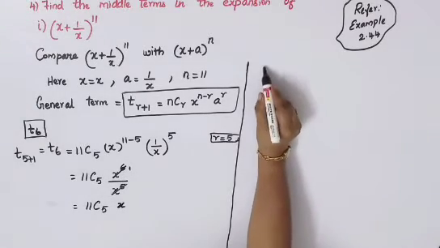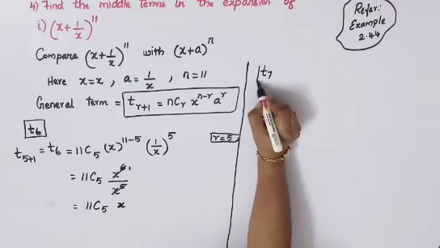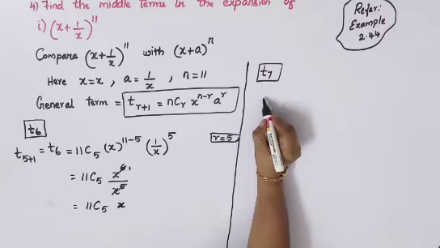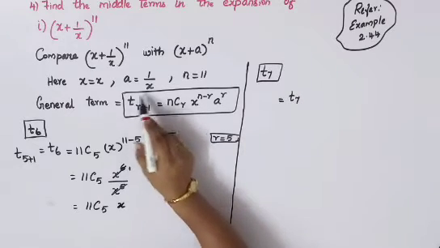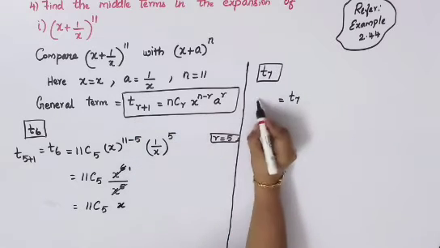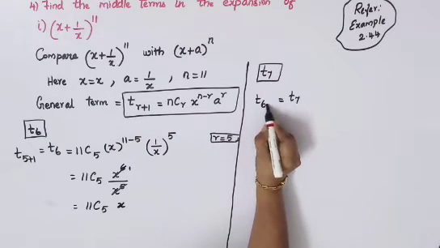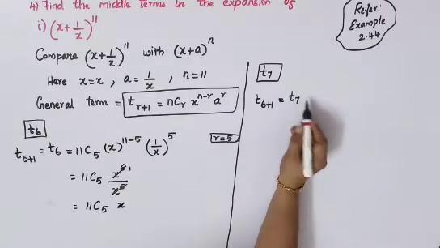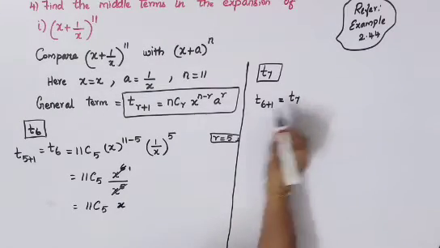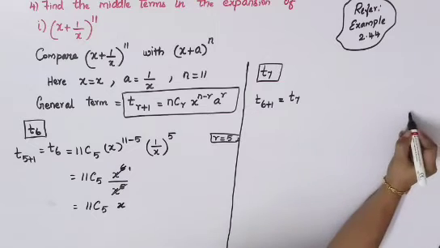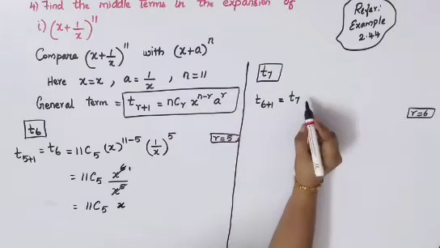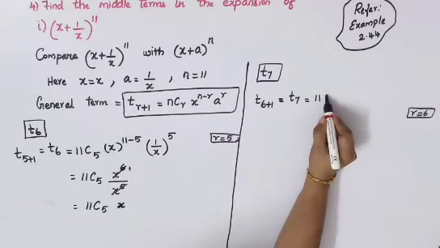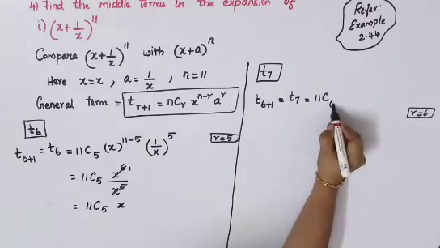Second, we have to find T7. Again, the format is T(r+1), so T(6+1) gives you T7. Now r is equal to 6. Substitute in the same formula again. n is 11, so 11C6, r is 6.